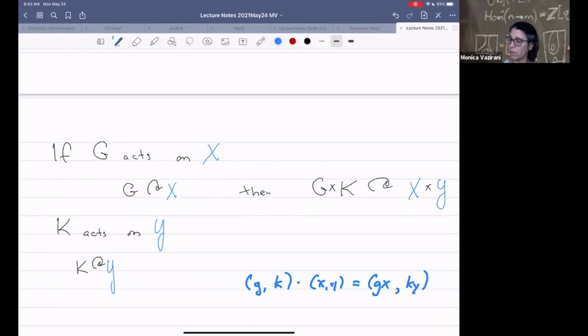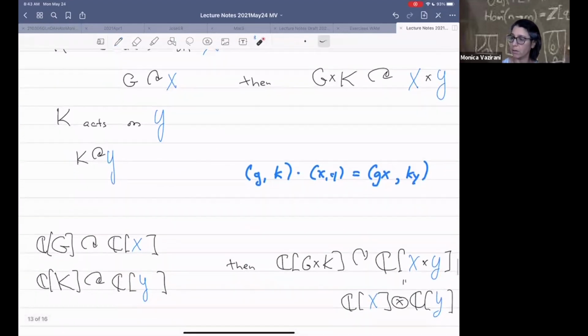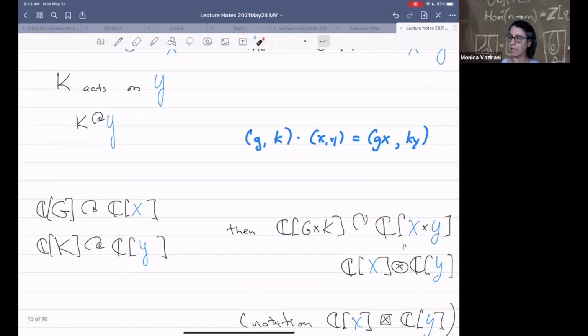And on the vector space level, the tensor product level, we can do the same thing. If we have the group algebra of G acting on the vector space we make out of X, and the same thing for K and Y, then since G cross K acts on X cross Y, this new group algebra acts on this new vector space. But again, there's a way to see this vector space as the tensor product of these smaller vector spaces.